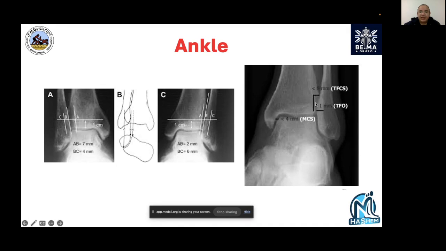The judgment here is based on 1 centimeter from the joint line, and you need this clear space to be less than 6 mm. If it is 6 mm or more, this means syndesmotic injury, and you need an overlap between the tibia and fibula of at least 1 mm or more. If these numbers are disturbed on a proper mortise view, you have a syndesmotic injury.